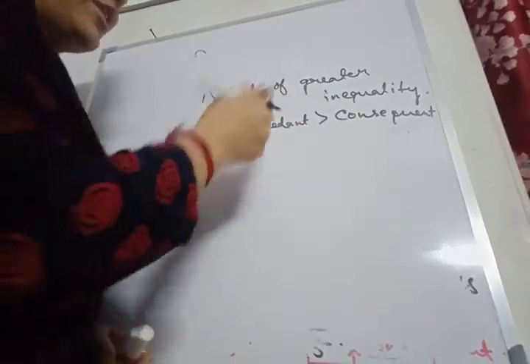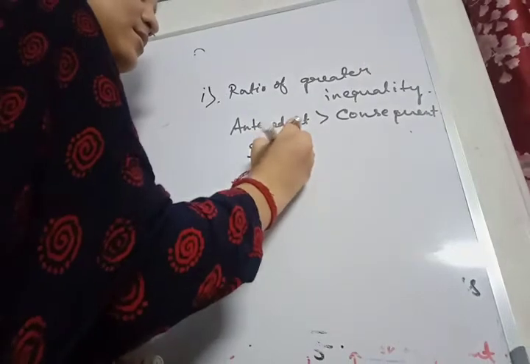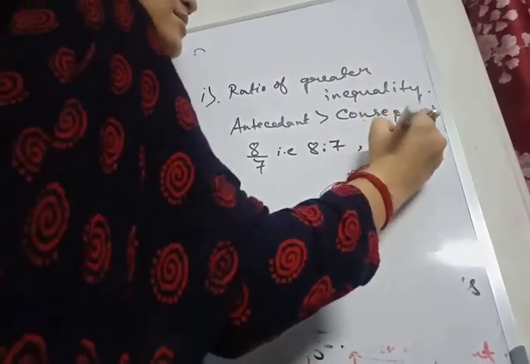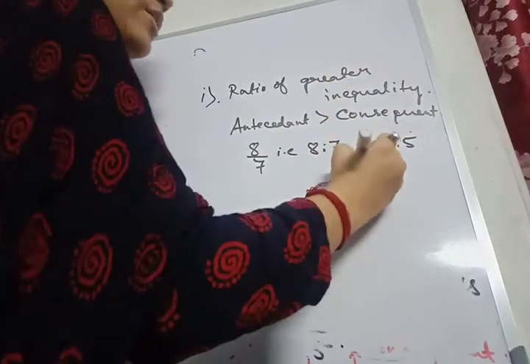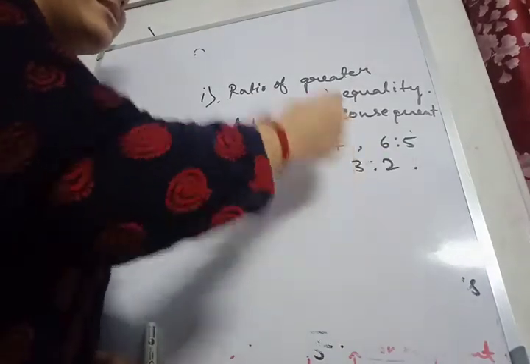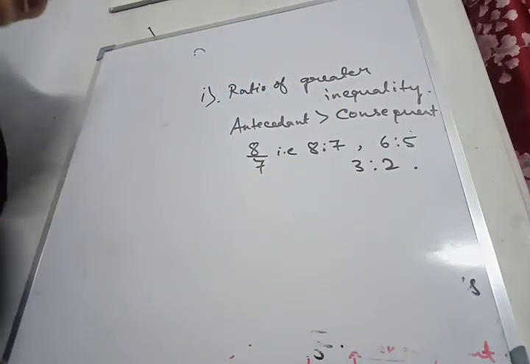If we get that kind of ratio, that will be your ratio of greater inequality. For example, 8:7, or I can write 6:5, or 3:2. These are my ratios of greater inequality. Why? Because the antecedent is greater than the consequent, right?